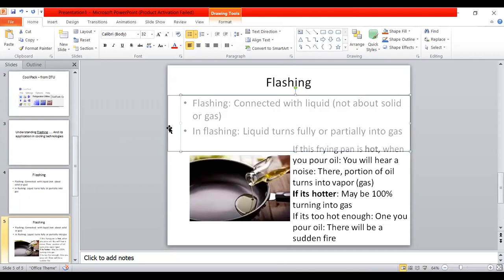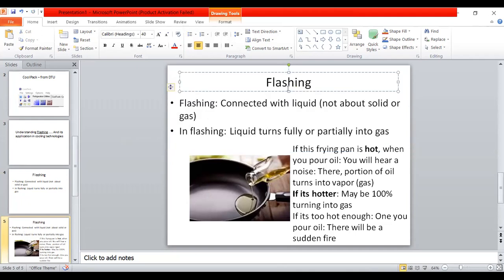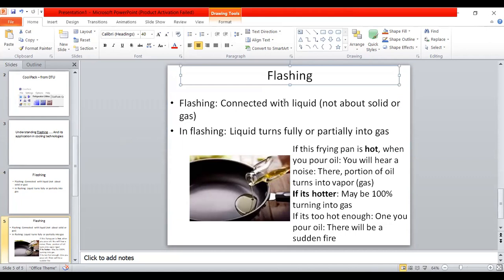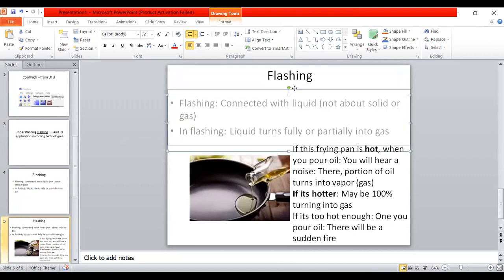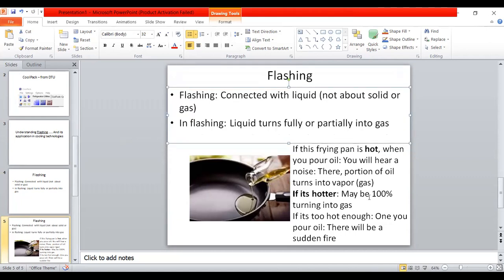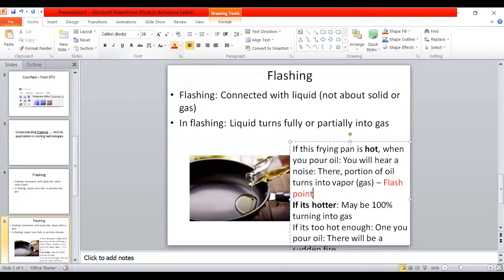So oil is considered a fuel type, but we are not talking about fuels here. For fuels, there is a term you should know if you are going to explore: fuel has a flash point.